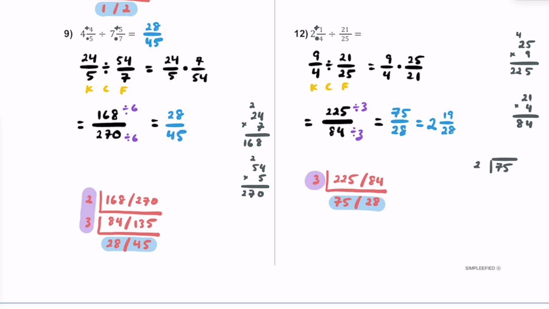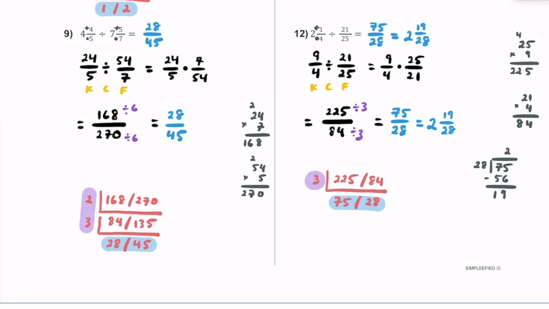So 28, if we put a 2 here, 2 times 28 is going to be 56. If we subtract here, we have to borrow. It's 15 minus 6 is 9. 6 minus 5 is going to be 1. So 19 is the remainder here. Okay, cool. So our quotient here is going to be 75 over 28. But you can also say this would be the same thing as 2 and 19 28ths here.